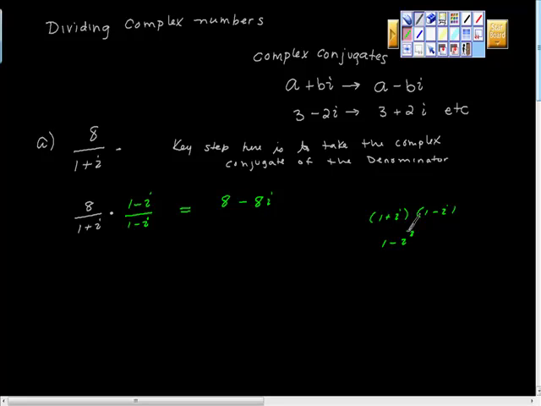And what is 1 minus i squared? Well, what is i squared? Is what? Is 2. Isn't that weird?